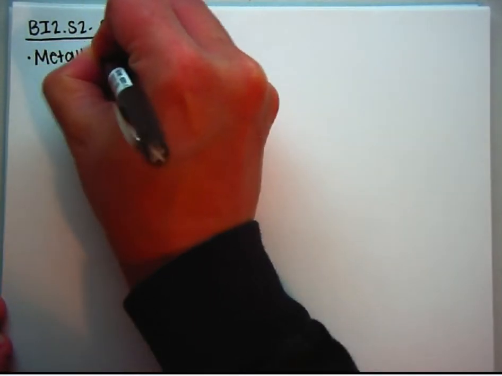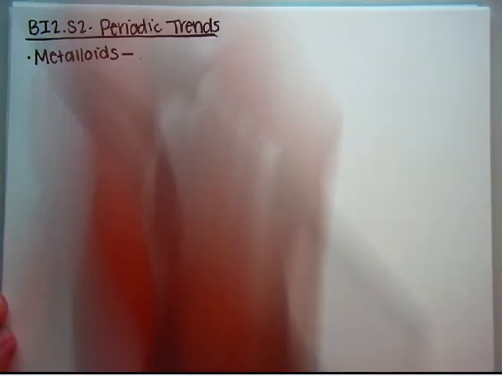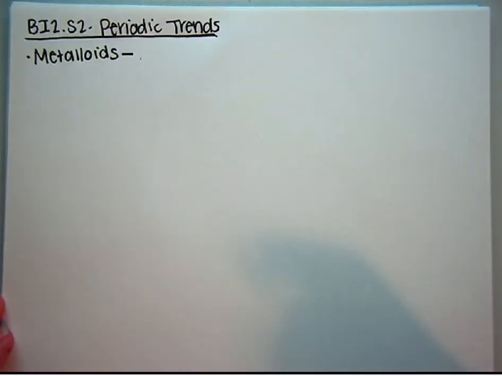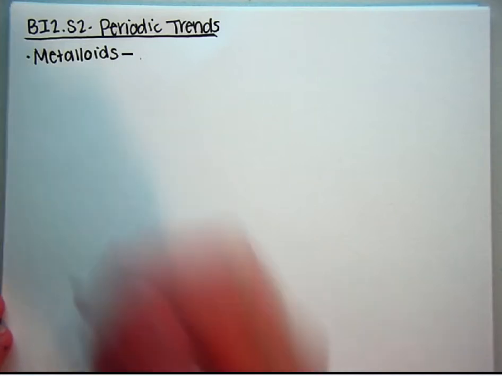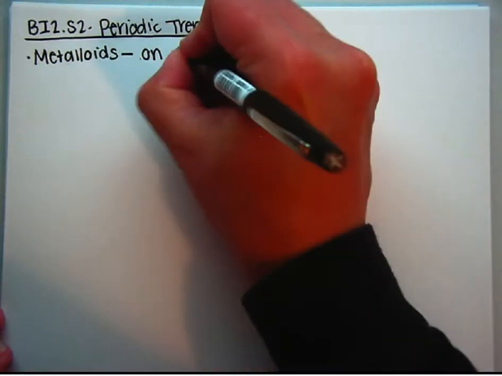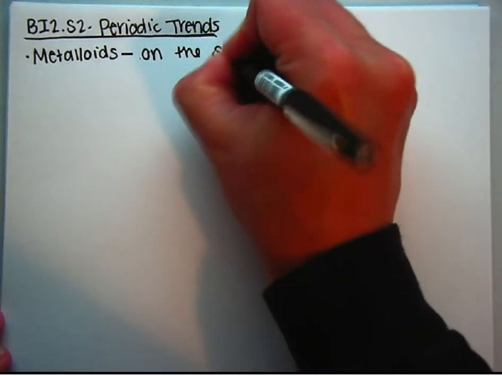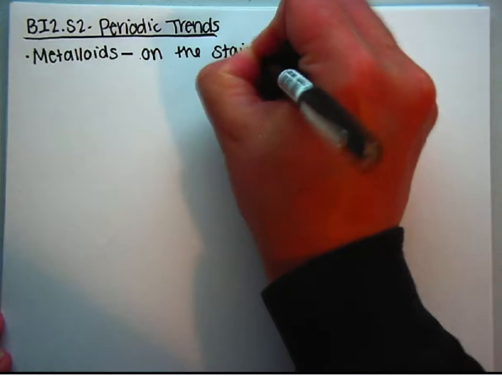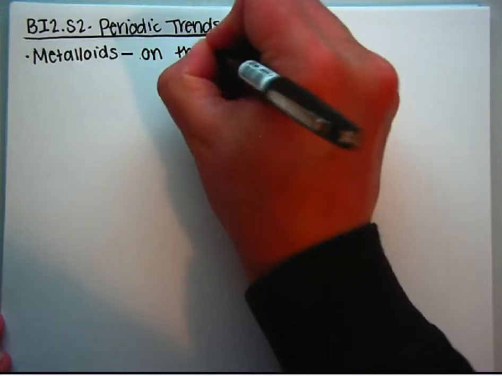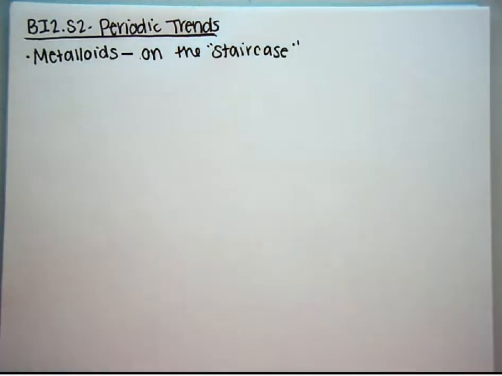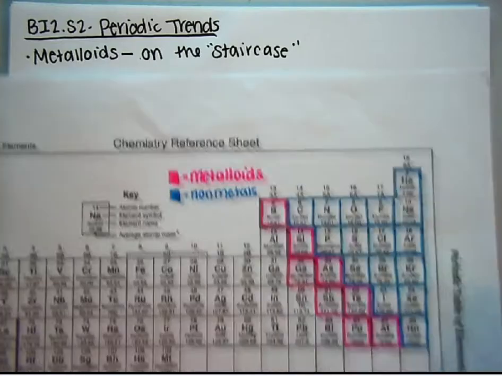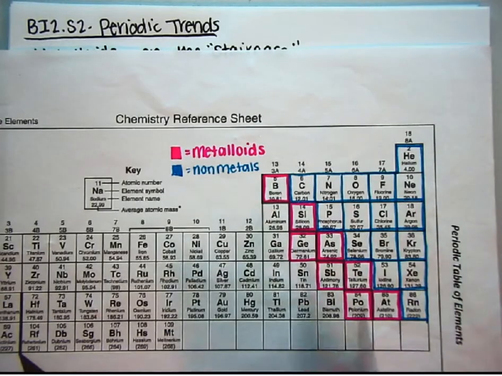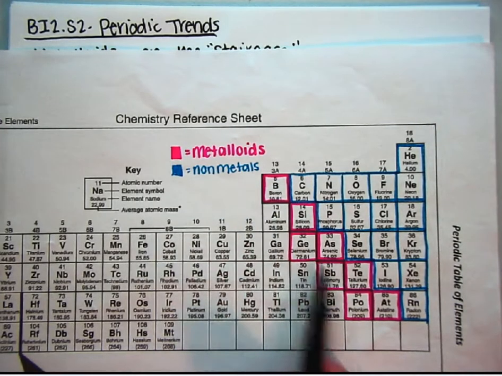The first are called the metalloids. We'll talk more about the properties of each of these groups in Standard 3. You can find the metalloids on what we call the staircase. On my periodic table, I colored the metalloids in pink.